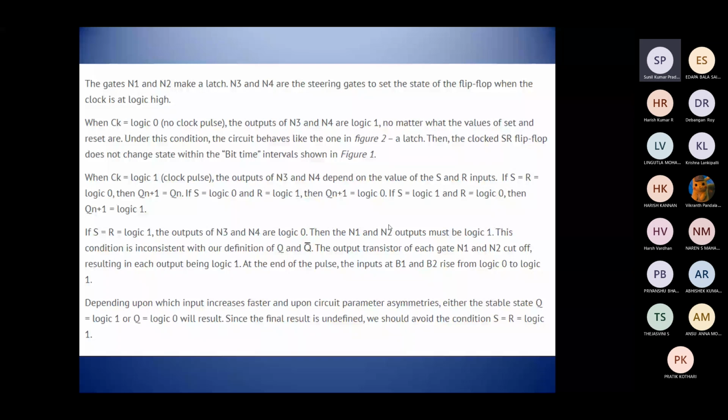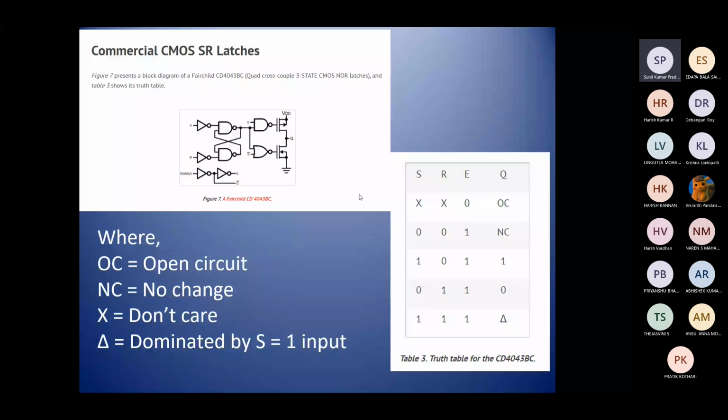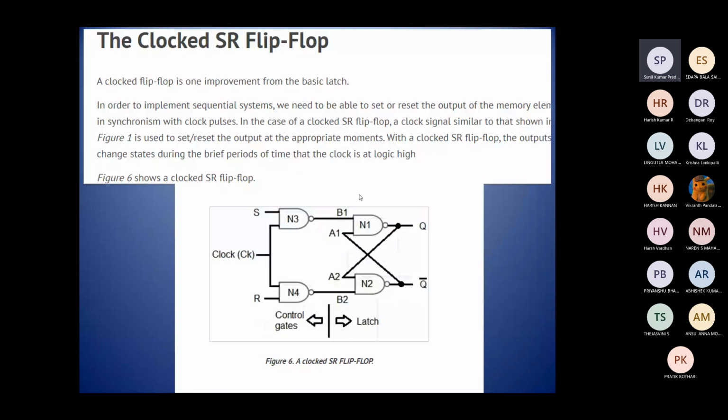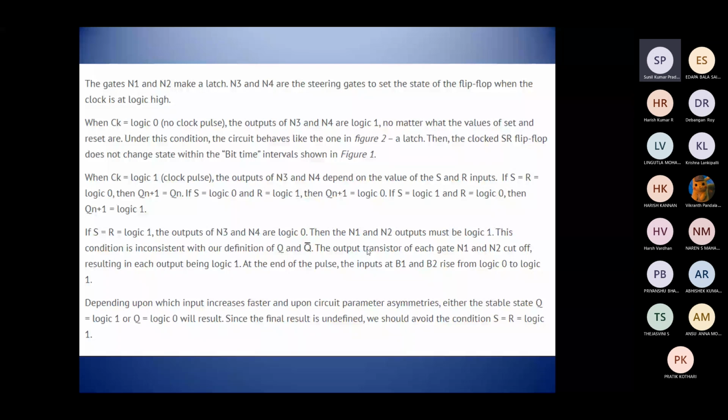Similarly, in another condition where the set and reset inputs, S and R, are both equal to logic 1, the outputs of N3 and N4 are logic 0. Then the outputs of the N1 and N2 NAND gates that we are seeing here must be at logic 1. Now this condition is inconsistent with our definition of the outputs Q and Q complement.